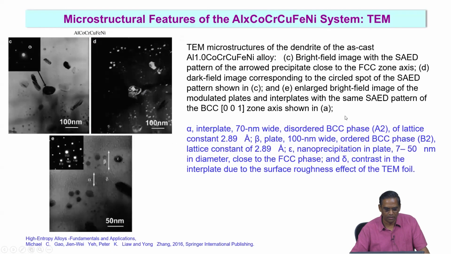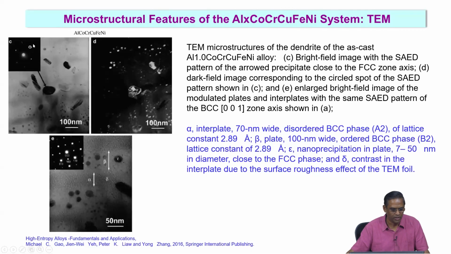So let us look at other regions, like the TEM microstructure of dendrites of the as-cast alloy shown here again. In C, you have different features. What are the features you are seeing? You have some precipitates and the corresponding selected area electron diffraction is shown here, which is close to the FCC zone axis, and the dark field image corresponding to the circled spot of the SAD.